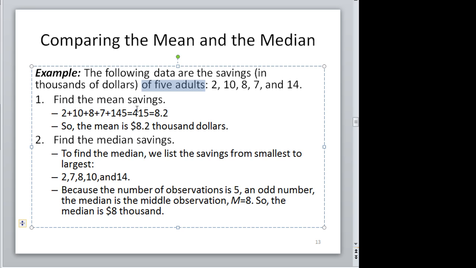Find the mean saving. Because these results represent the saving, how do you find the mean? Well, I think we forgot this.